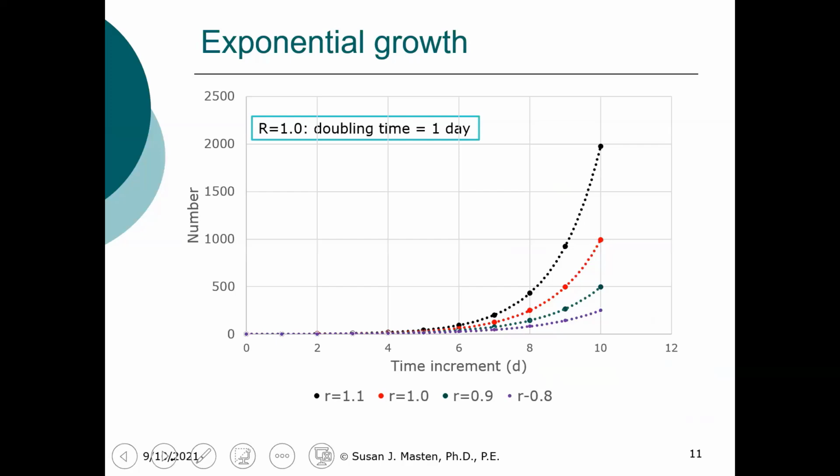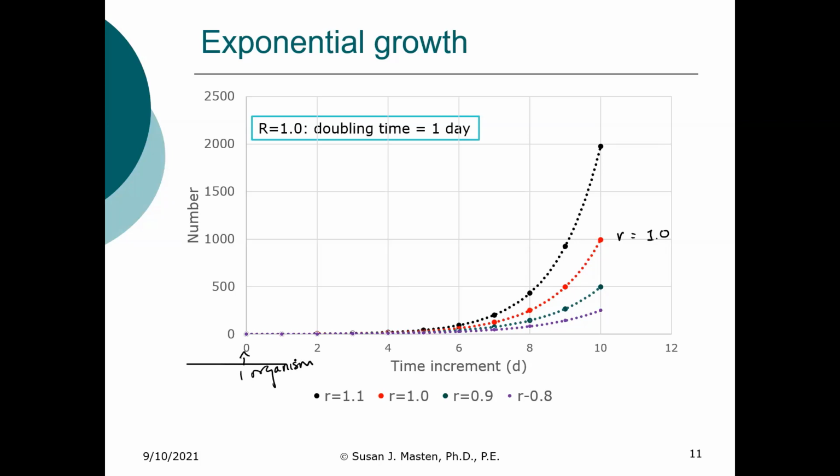And this graph just illustrates this. It's illustrated here with a doubling time of 1 day, and R equal to 1, so that rate constant equal to 1.0. Start at day 0, we've got 1 organism.